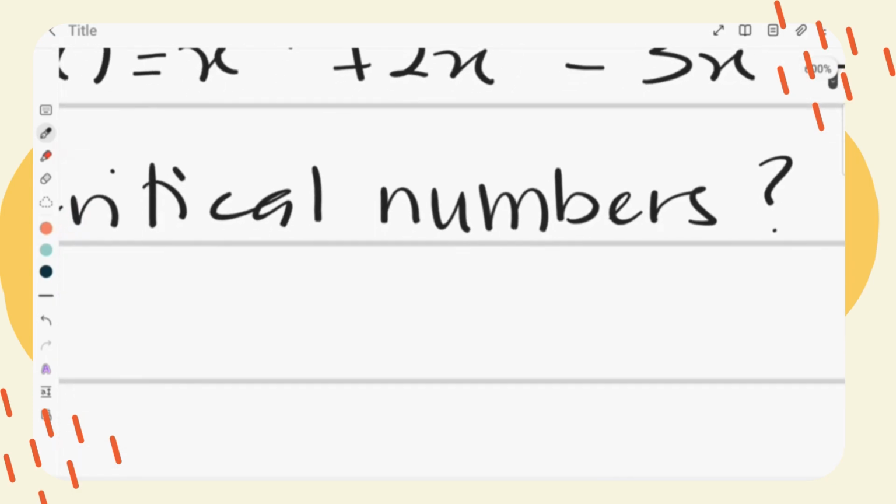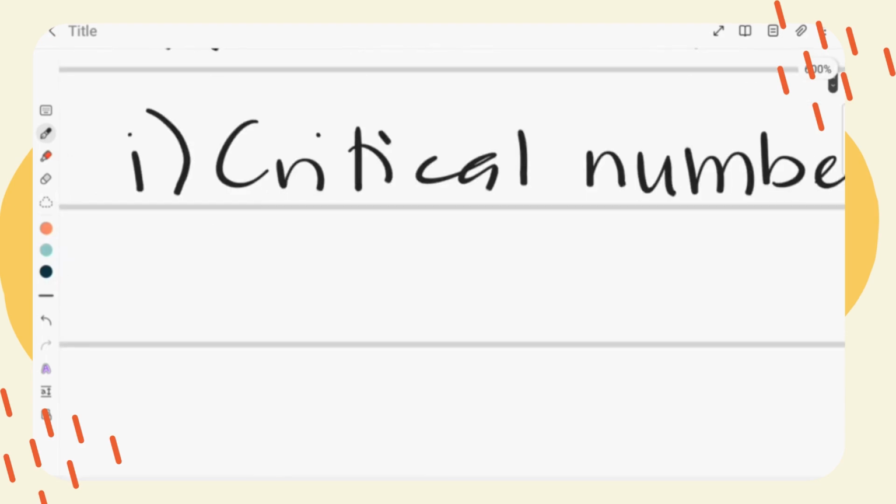So, if we want to find the critical number, we have to find the first derivative and then the factors of the first derivative, we will set equal to 0, and then we just get our answer.